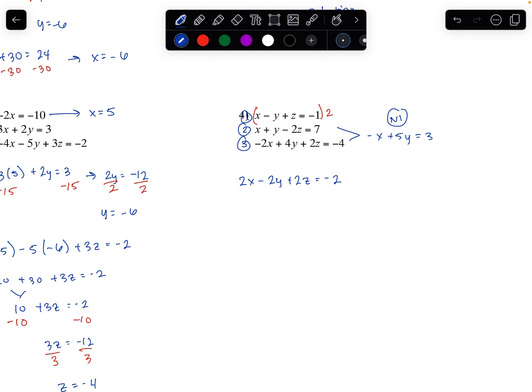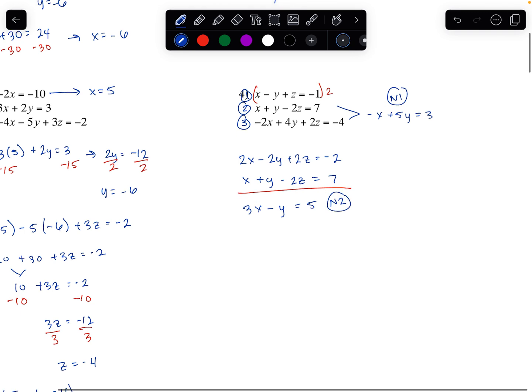And then the second equation is x plus y minus 2z equal to 7. Now, when I add these together, those are going to cancel and give me 0. That's why I wanted to multiply the other one by 2. But this becomes 3x minus y. The z's cancel again, and that's going to be equal to 5. So this is my second new equation.